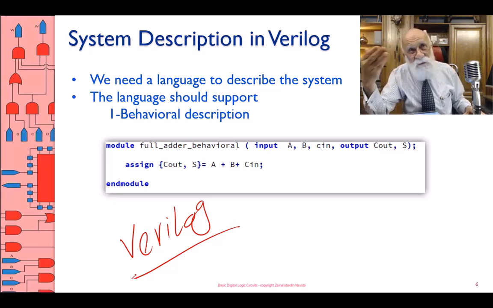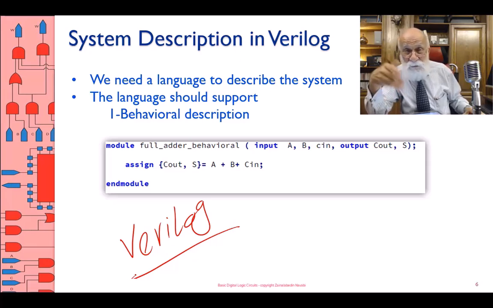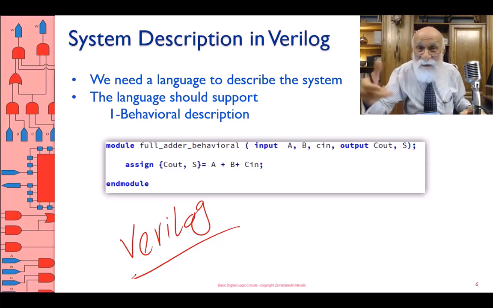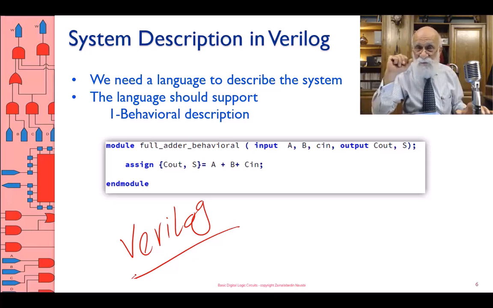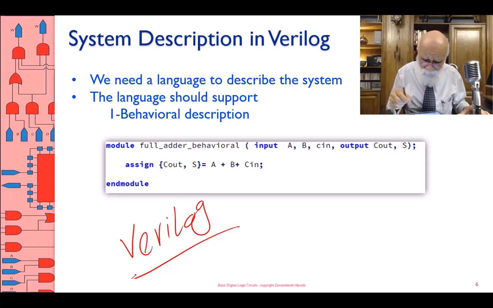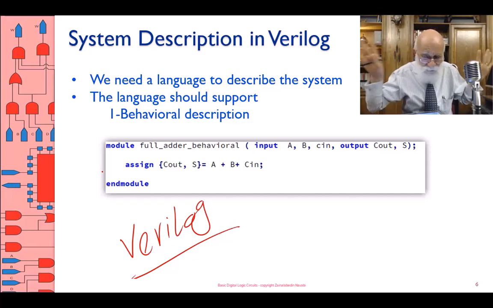I can describe a filter by saying, let's perform these many multiplications and additions, and then this gives me the filtering. Here is a very, very simple description of an adder. Here I'm saying this is an adder. This is a 1-bit adder adding 2 binary numbers. That's all there is to it.